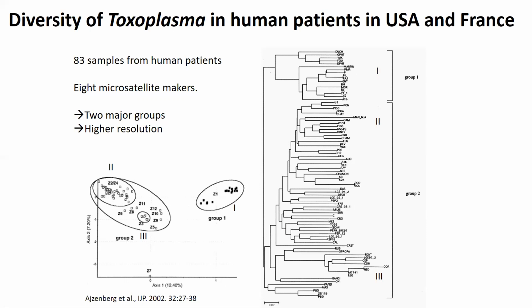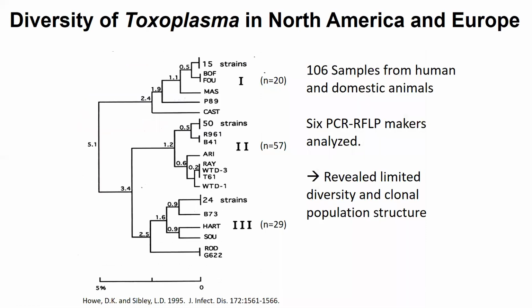That's the difference there. And if you want the ultimate resolution, then you go with whole genome sequencing, which is still expensive, particularly for the genome of Toxoplasma, which is 65 megabytes. It can be quite expensive if you want to do whole genome sequencing.